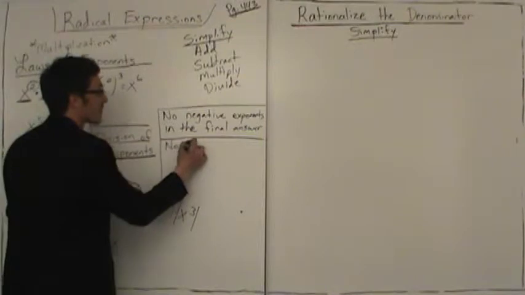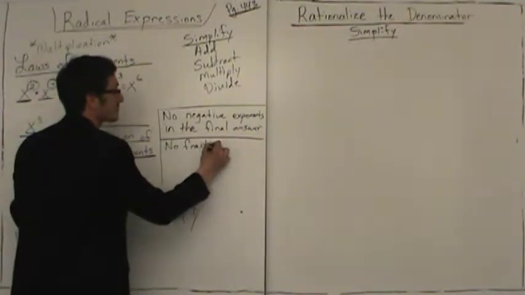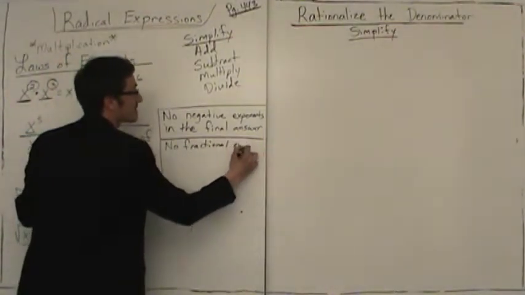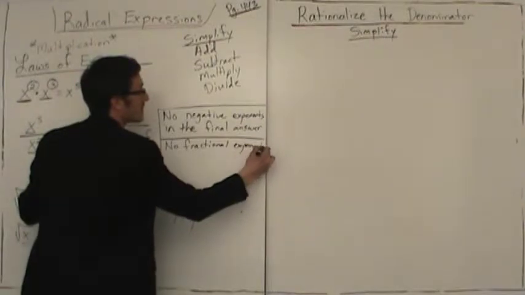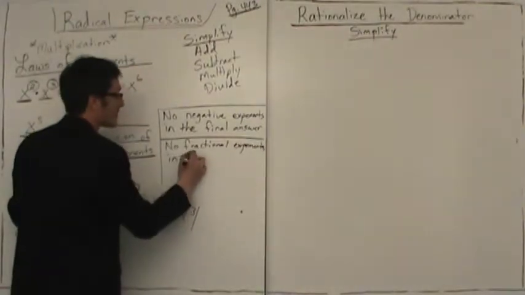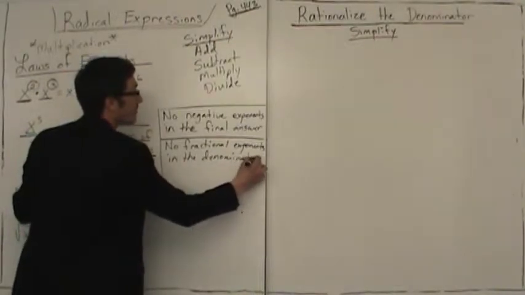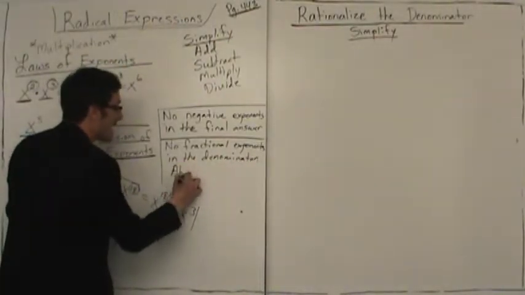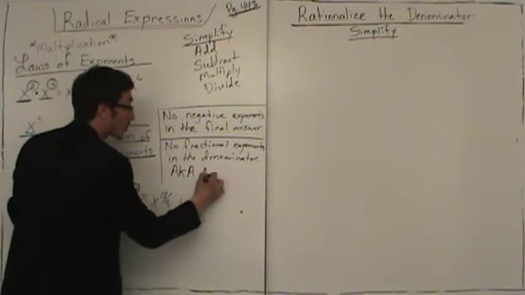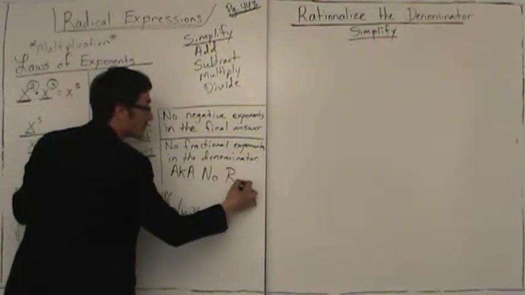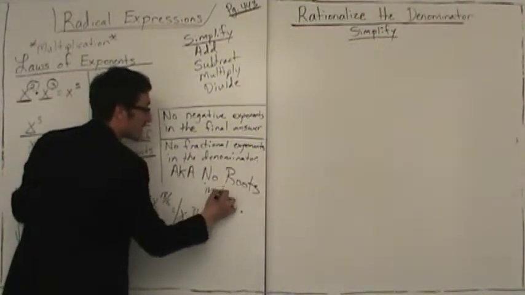So no fractional exponents in the denominator. You can think of this as, AKA, this is the easier way to think of it, no roots. Okay, no roots in the denominator.